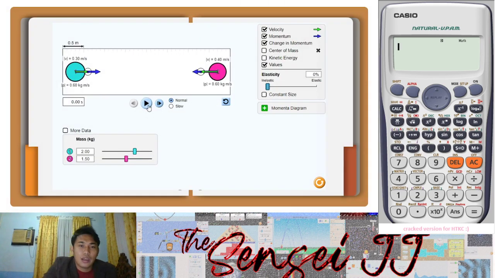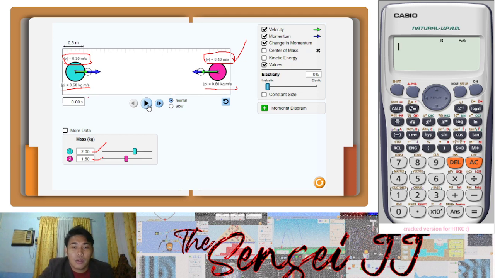Even though they have different velocities, the first one has 0.3, the other one has 0.4, which is greater. But the mass of ball one is 2 kilograms and ball 2 is 1.5. So they will have the same momentum even though they have different size and different speed.